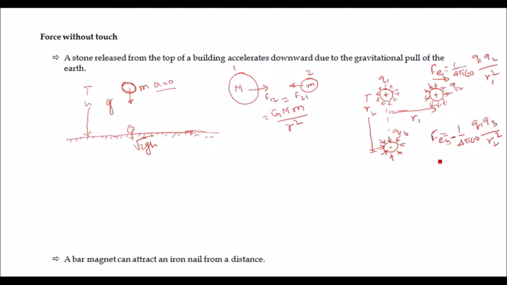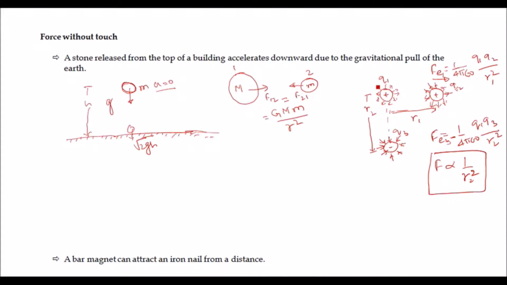You see that the force is inversely proportional to the square of the distance between these two. So these two bodies are not in contact with each other, still they experience some force from each other.